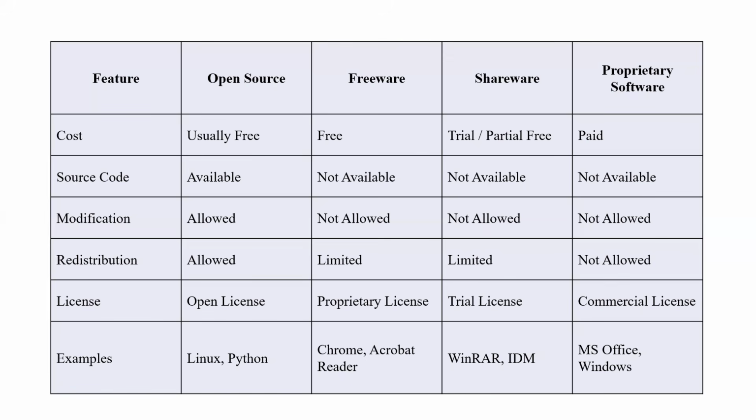License: open license for open source, proprietary license for freeware, trial license for shareware, and commercial license for proprietary software. Examples: open source, Linux and Python; freeware, Adobe Reader; shareware, IDM; and proprietary software, MS Office and Windows.